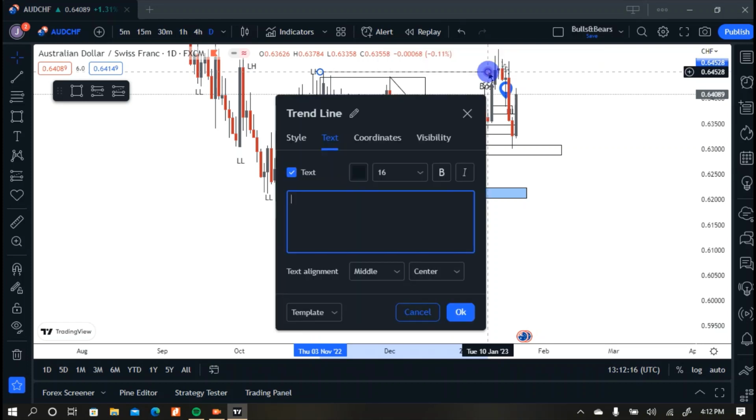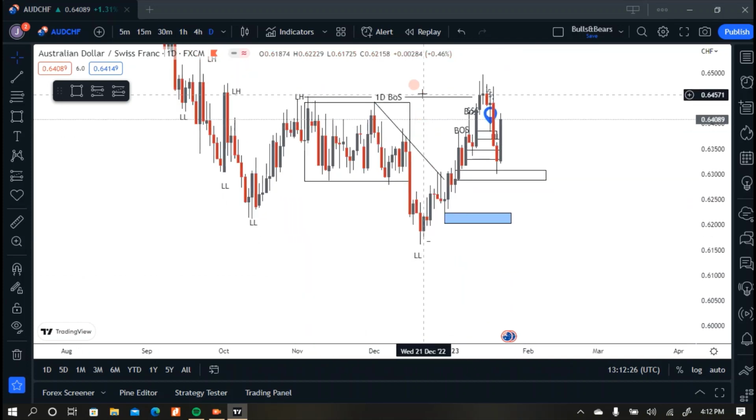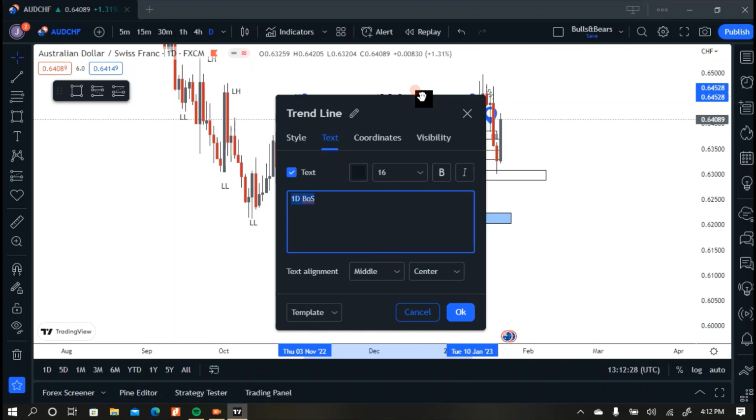Price broke structure right over here. So this will be our daily, one day, break of structure, but it is also a change of character.